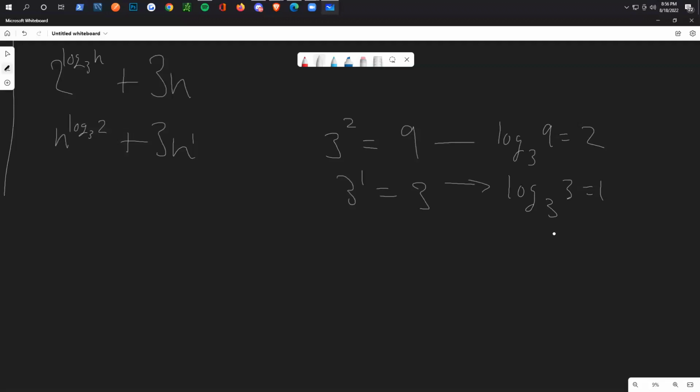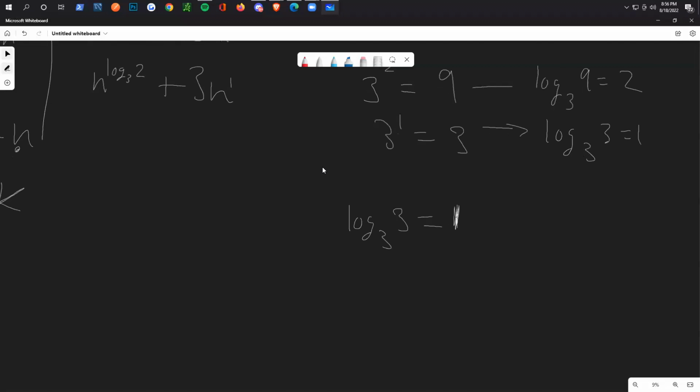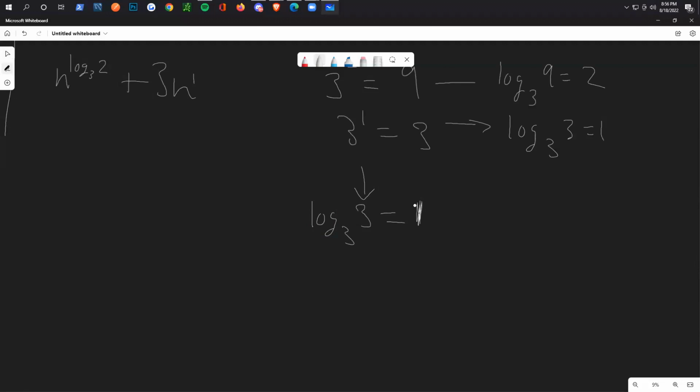Okay. So what I'm trying to show you guys here is we know that log base 3 of 3 is equal to 1. But the whole idea is if this value is less than 3, we know that it's going to be less than 1.